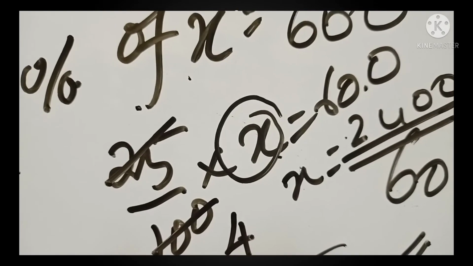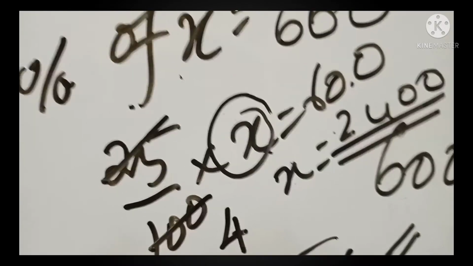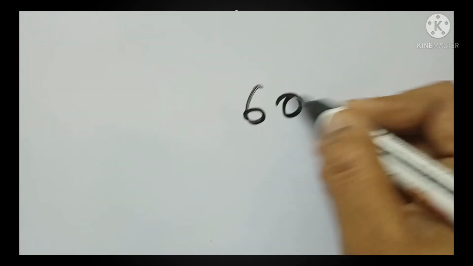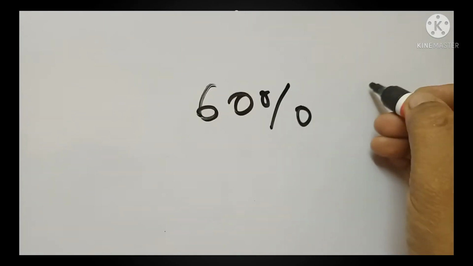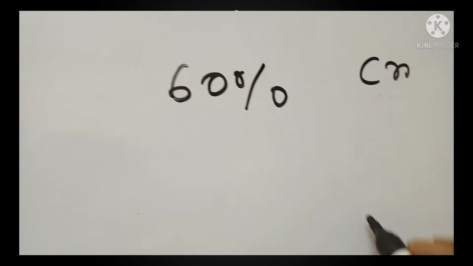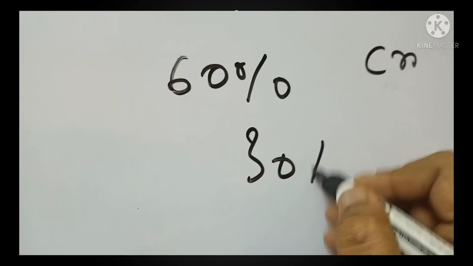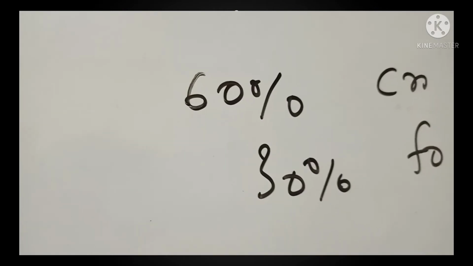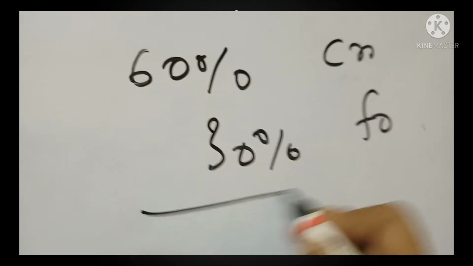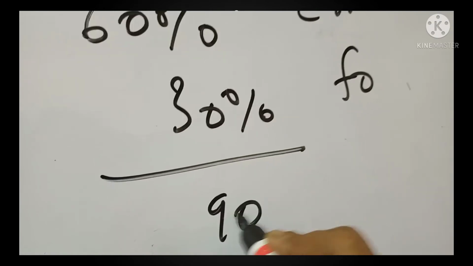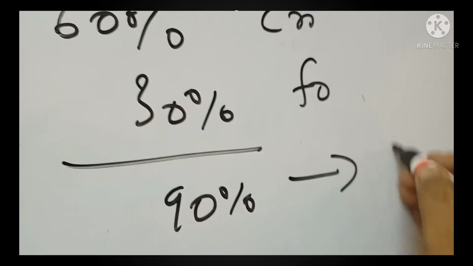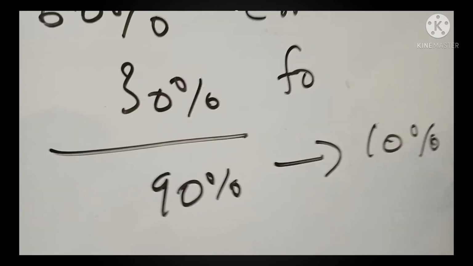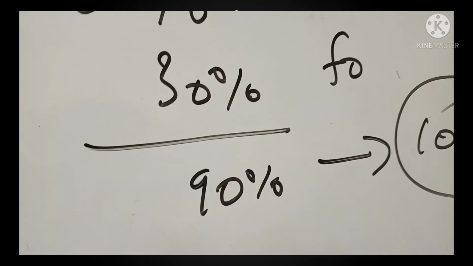Next, the sixth question from exercise 8.1. 60% of people like cricket, 30% like football, and the remaining like other games. So 60 and 30 make 90%, then the remaining 10% like other games.